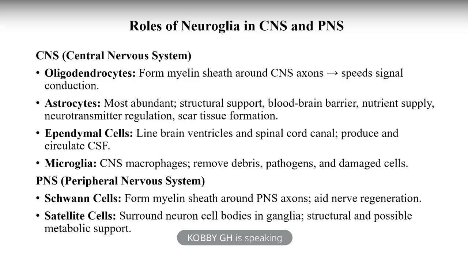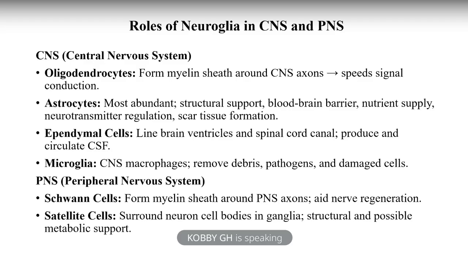Good. Then we also discussed the two neuroglial cells in the peripheral nervous system, the Schwann cells and then the satellite cells. We mentioned that the Schwann cells, just like the oligodendrocytes in the central nervous system, also form the myelin sheath, meaning they form the myelin sheath for the neurons in the peripheral nervous system.